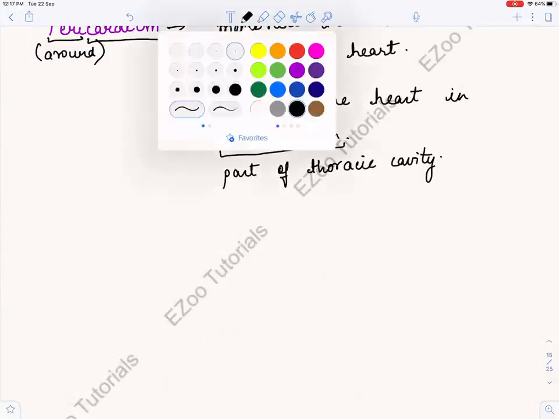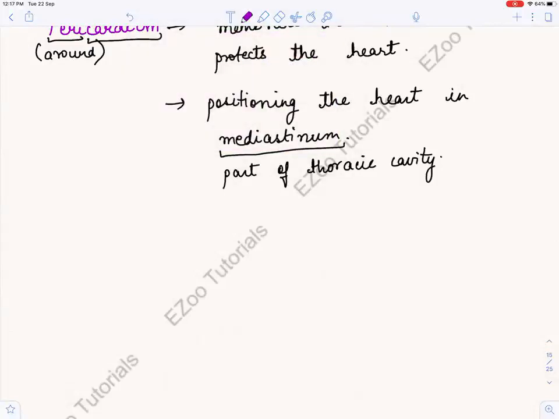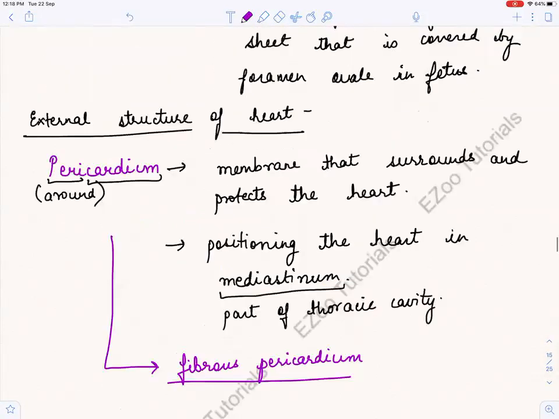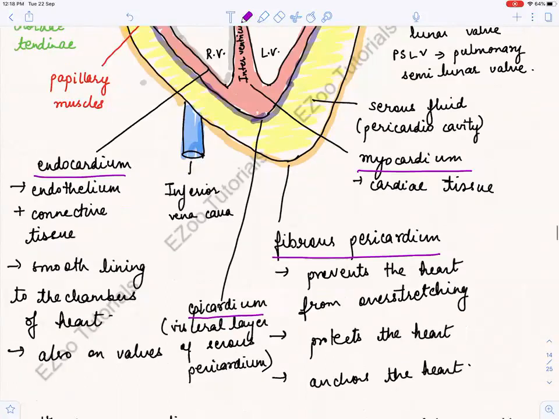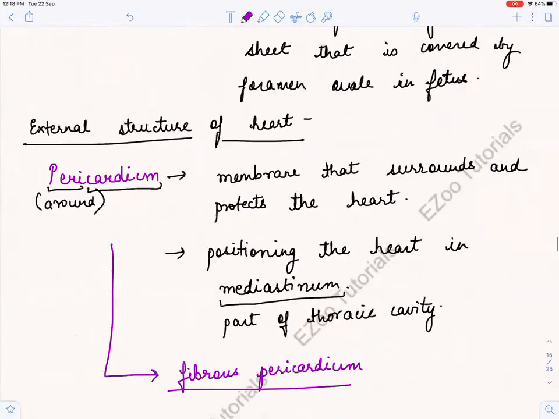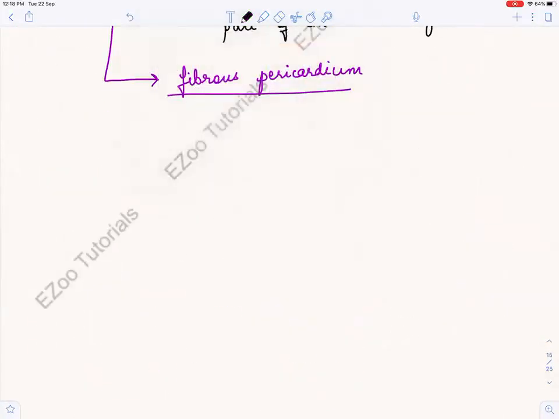Now pericardium is composed of two layers, right? We saw that the first was the fibrous pericardium, which we drew with the brown color. Let us again see this fibrous pericardium. We already did, but since we are writing, we'll write again.